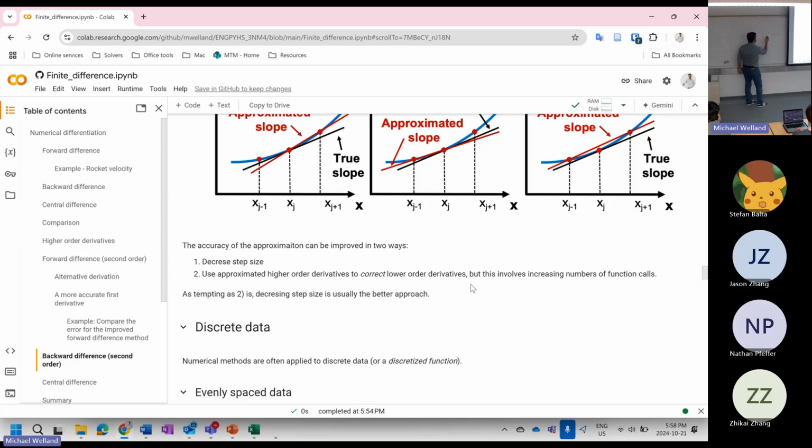In order to resolve it, you would need a finer step size, even to be able to pick up that there is something else going on there. And typically, because we don't know what shape of function it is, the general course of action is to refine your step size so that you can resolve those gradients at all.